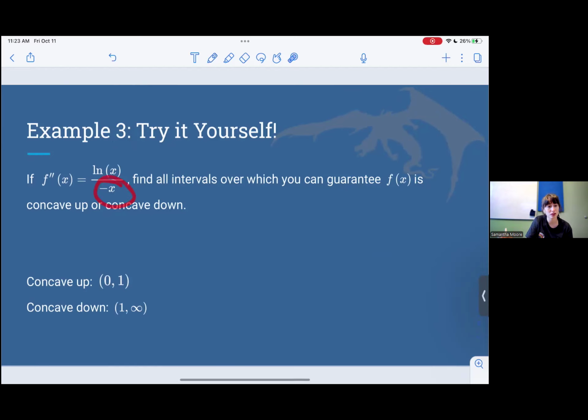At x equals 0, we've got an issue with our denominator, and natural log of x is not defined for negative values, so for f double prime we don't have any information about the sign before x equals 0. All right, so that is how the second derivative is related to the shape of the original function.